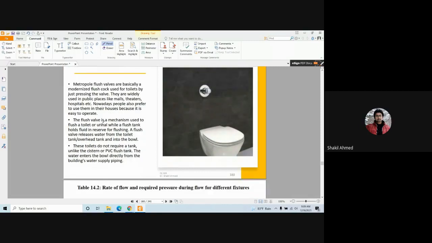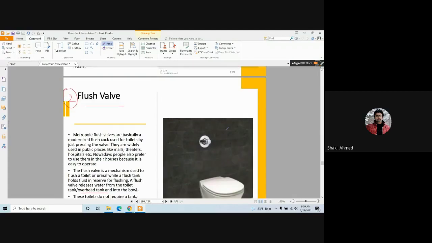The flush valve is a mechanism used to flush a toilet or urinal, while a flush tank holds fluid in reserve for flushing. A flush valve releases water from the toilet tank and into the bowl or overhead tank.